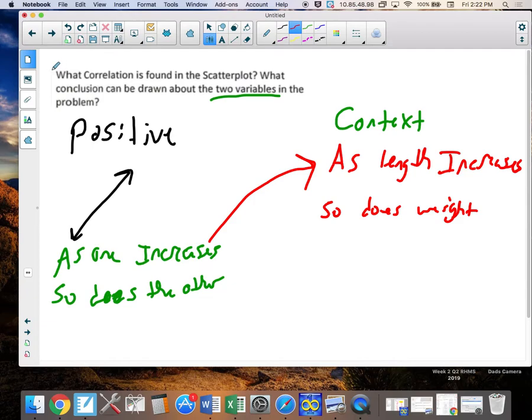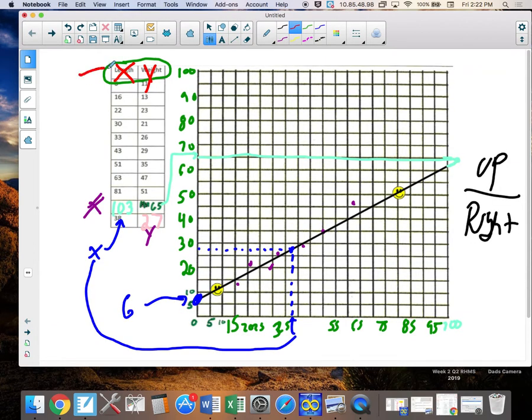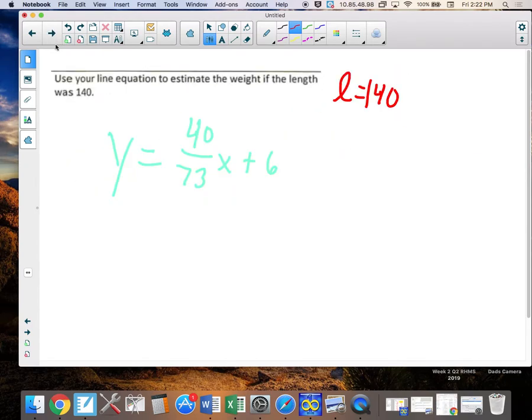What they're really asking, since it's a length, is they're giving us x. Since they're giving us x, we're going to plug x in right here.